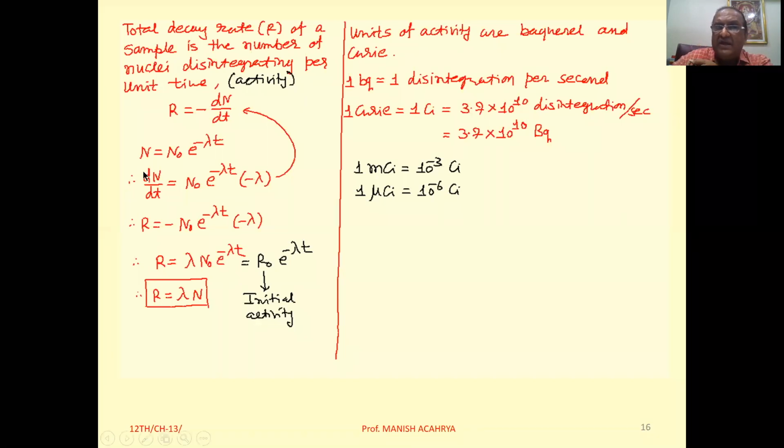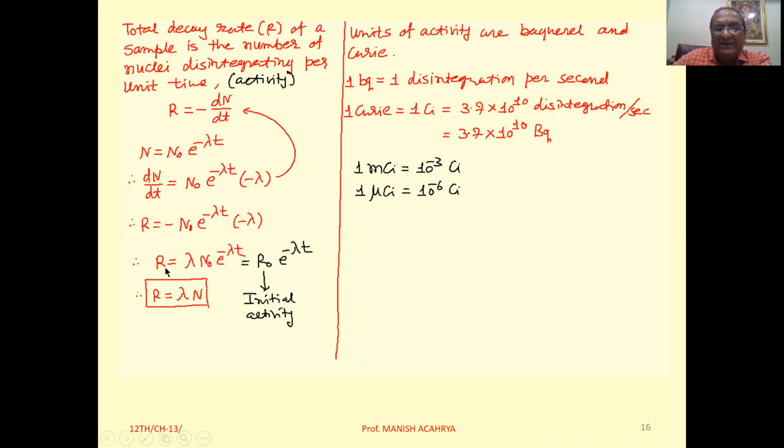Clear? Now we have the equation N equal to N0 e raised to minus lambda t. If we differentiate this with respect to time t, then dN by dt is N0 e raised to minus lambda t, and the derivative of minus lambda t is minus lambda. It implies that we can write R equal to minus N0 e raised to minus lambda t into minus lambda.